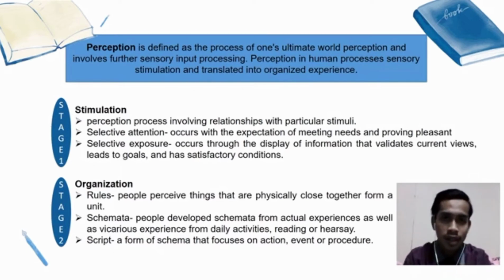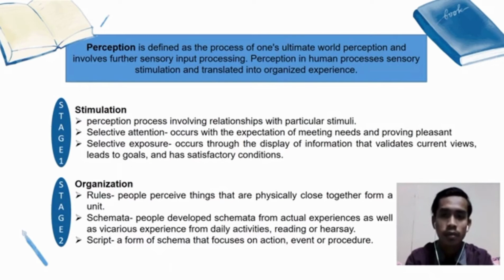Okay, the next stage is organization. Perception is organized by rule, schemata, and script. Okay, organized by rule, people perceive things that are physically close together as a unit. People develop schemata from actual experience as well as vicarious experience from daily activities, readings, or hearsay.